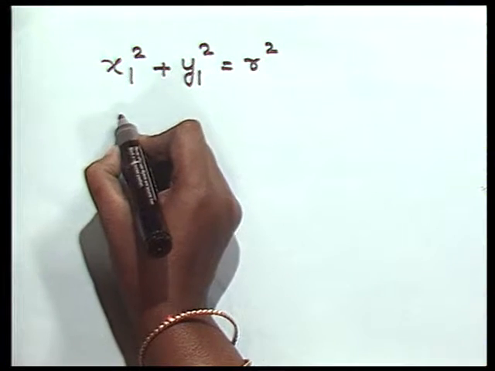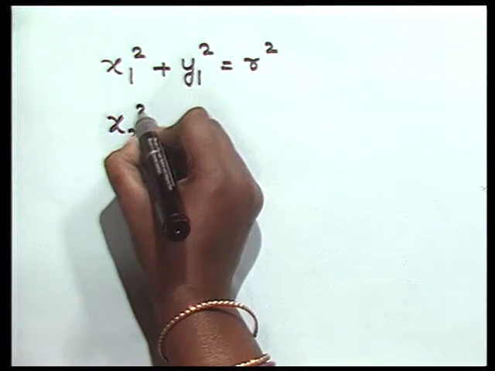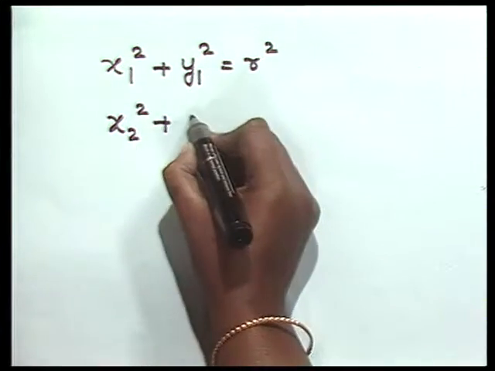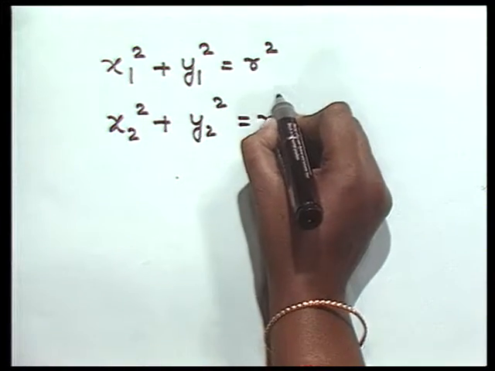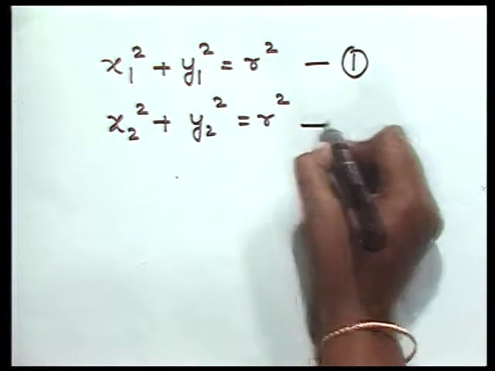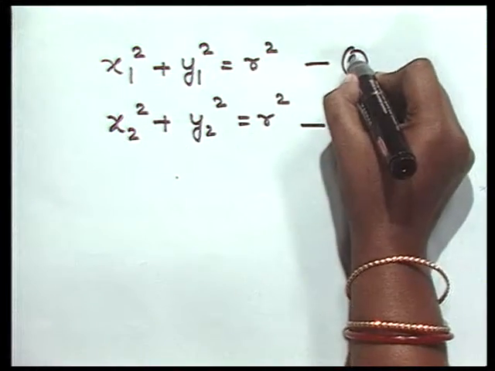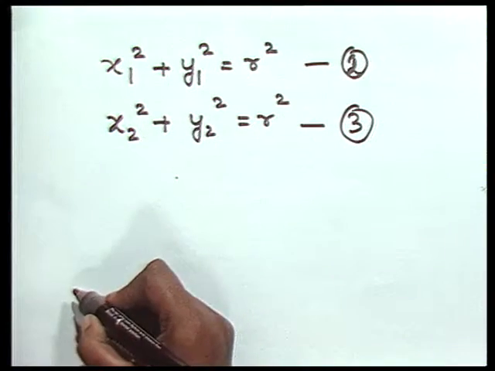Also, since x2, y2, that is point Q, lies on the circle, we have x2 square plus y2 square is again equal to r square. If this is equation number 1, sorry, this will be equation number 2 and this is equation number 3.